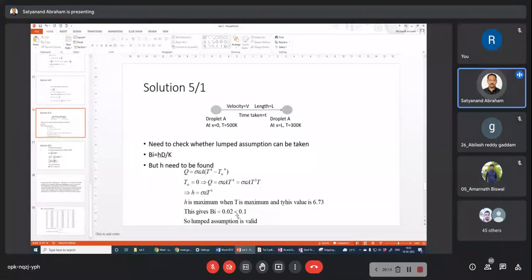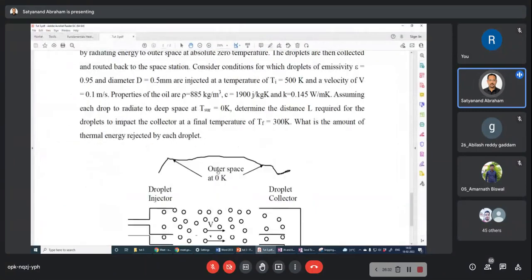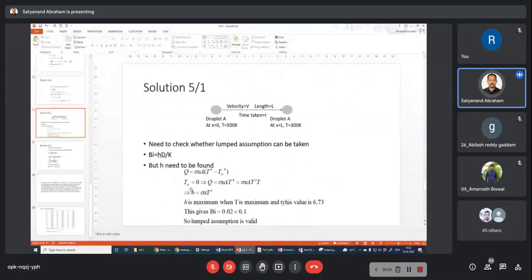Even if the values had come out so that the Biot number was, say, 0.5 or something, then we would say we cannot go with the lumped capacitance model.